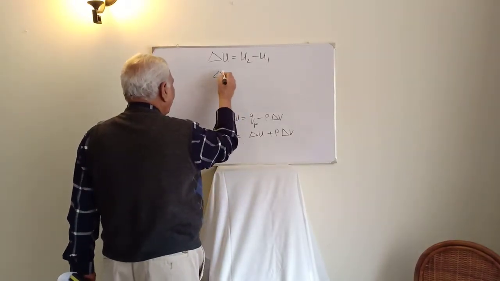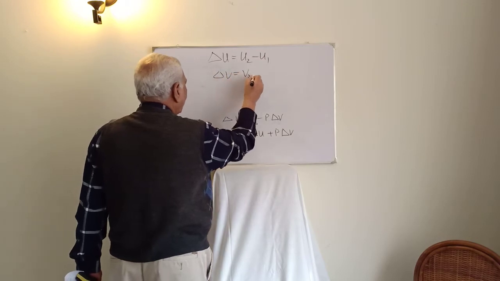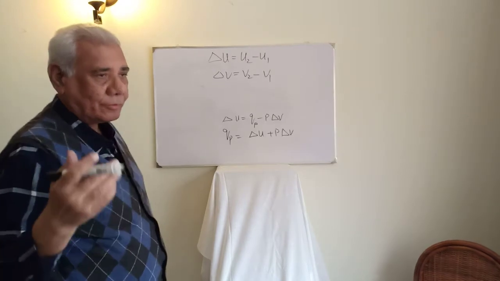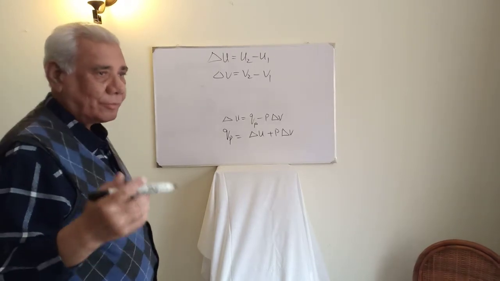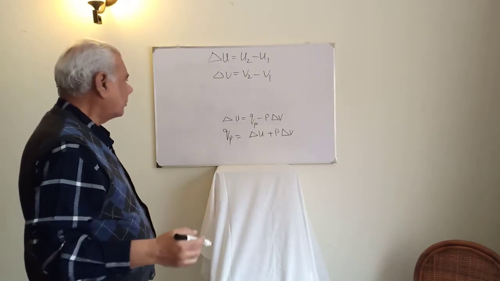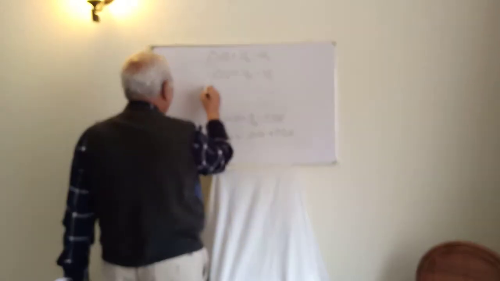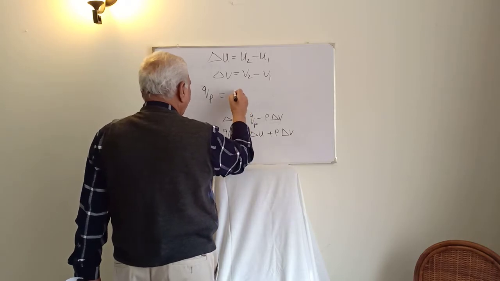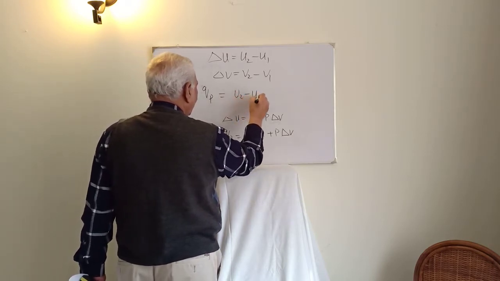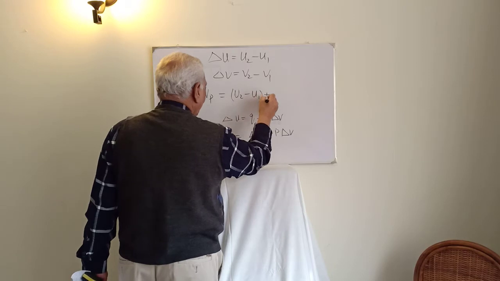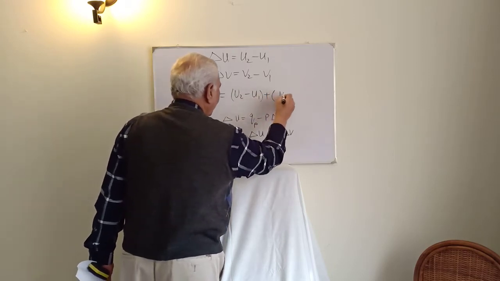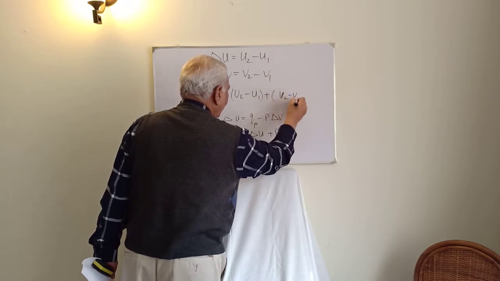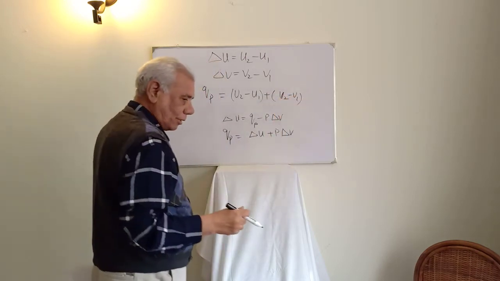And delta V is V2 minus V1, where V2 is the final volume and V1 is the initial volume. Therefore, QP is U2 minus U1 plus P times V2 minus V1.